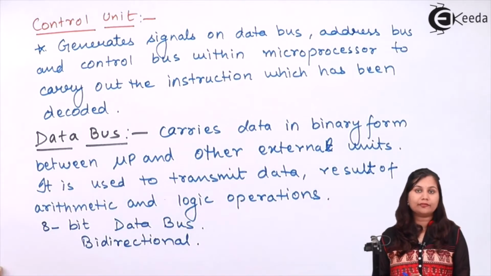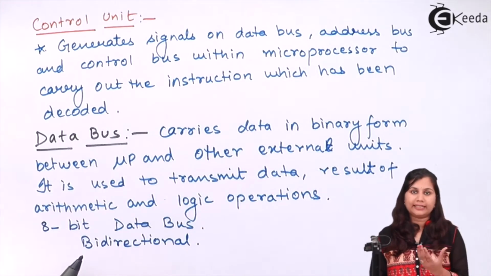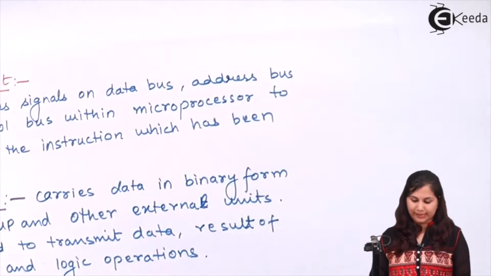Bidirectional means that the flow of the data is in both ways, that is, from the microprocessor to the memory and the input output devices the data can flow, and also from the input output devices and memory the data can come to the microprocessor.